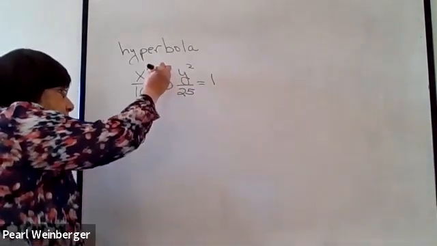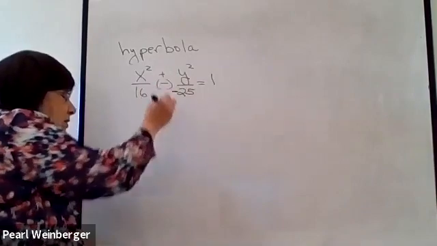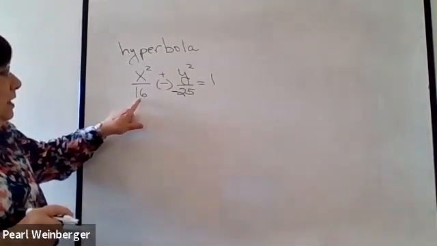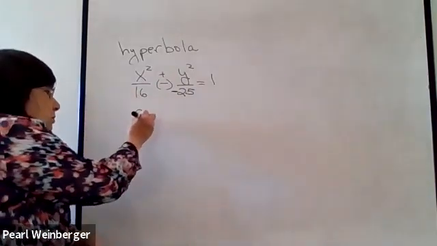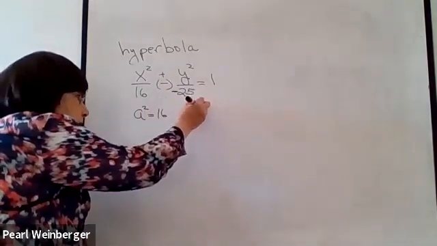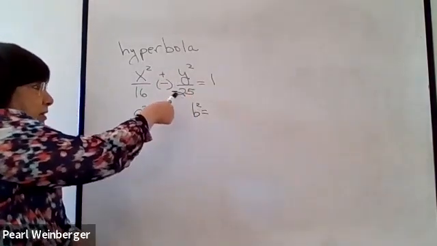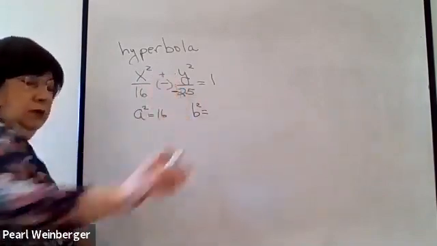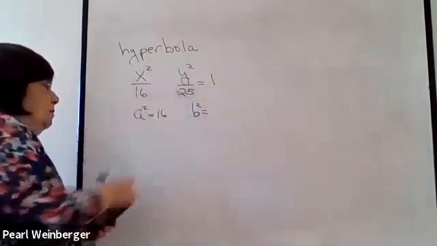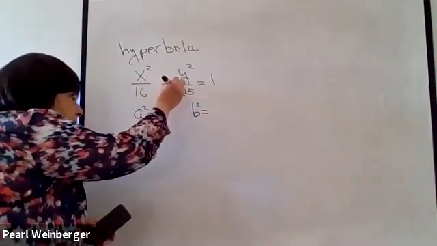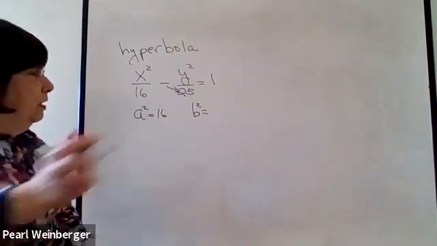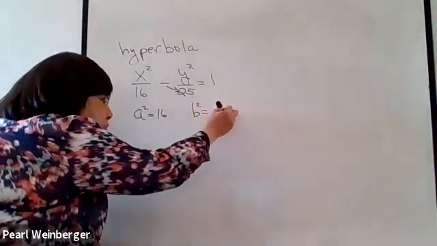If I put this into a plus and made this a minus, it would show you what the problem is. The a squared in this case is 16, but the b squared is not 25 because there is this minus over here. That minus is part, you can think of it as part of the b squared. The b squared is negative 25.